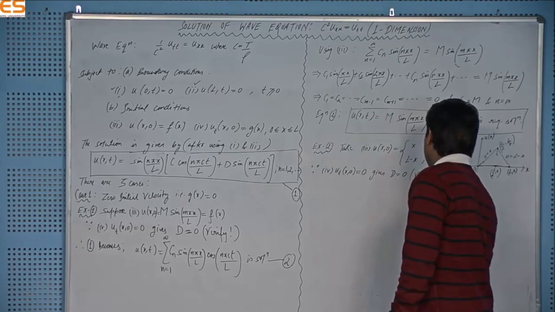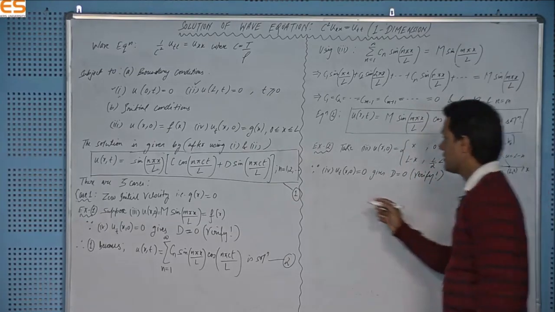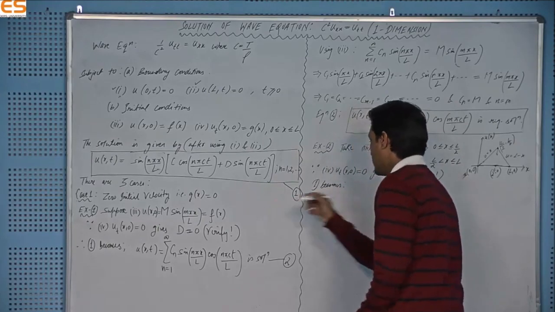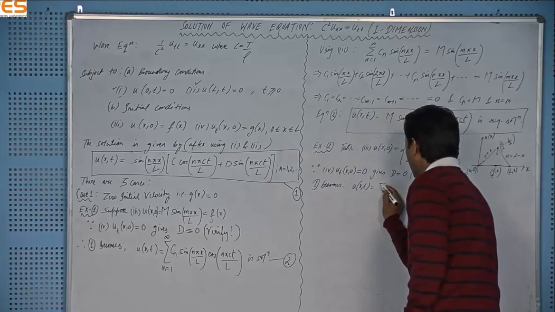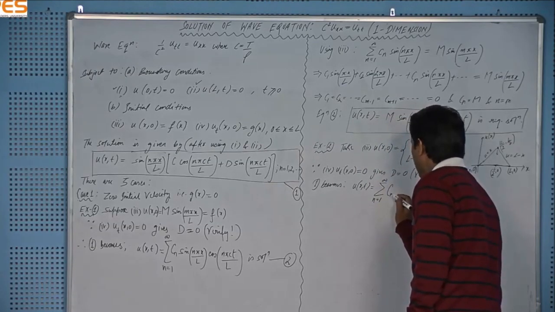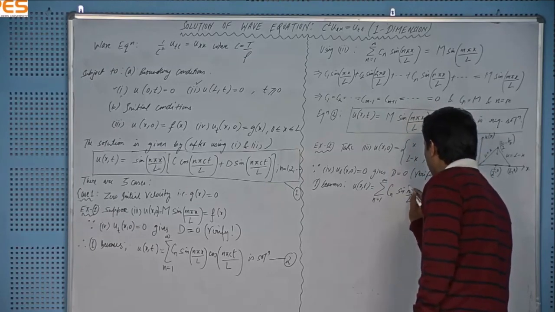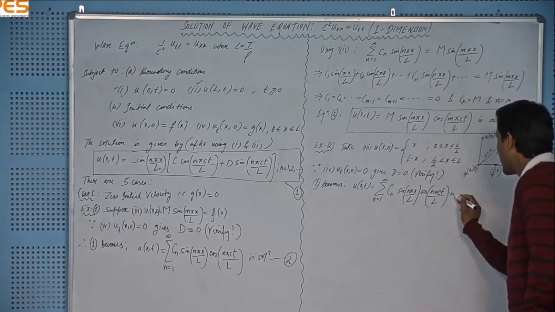You should verify by yourself. Fine. Then the first becomes u(x, t) equal to summation n equal to 1 to infinity, and let me put c_n here, sine n pi x over L and cos n pi c t over L, right? So this is my solution.